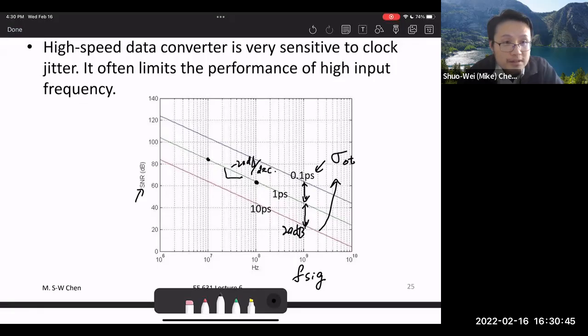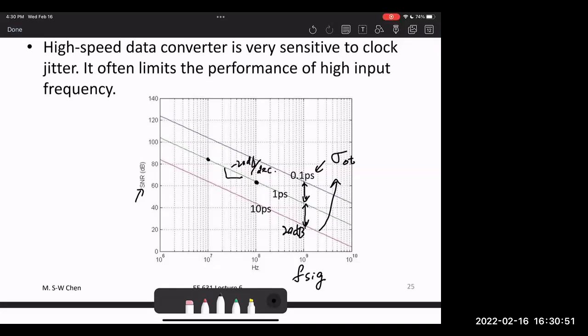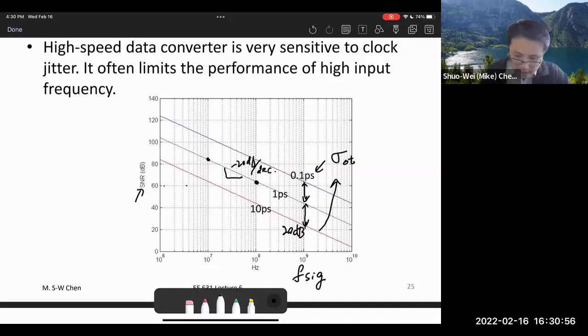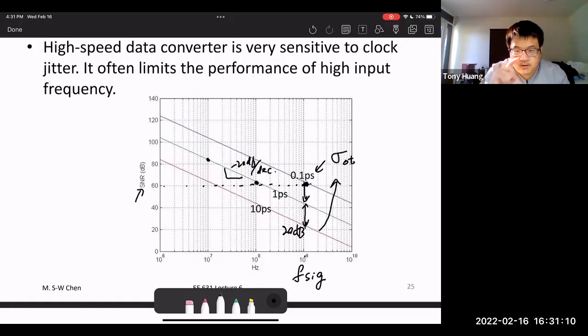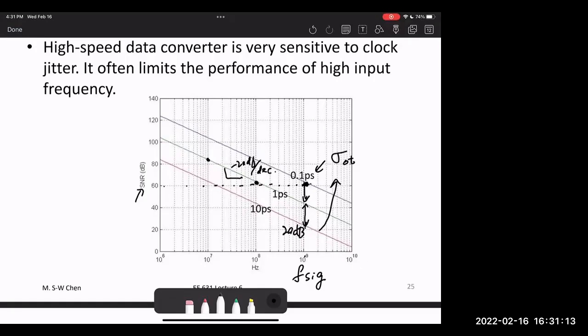For a 10-bit ADC, what's the SQNR? It's about 62, so around 60. You look at the 60 line here, and then find 1 gigahertz, which is here. Close to that point, your clock jitter should be around 0.1 picosecond standard deviation.